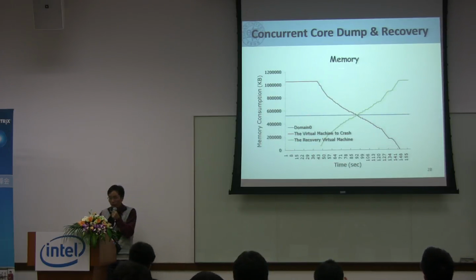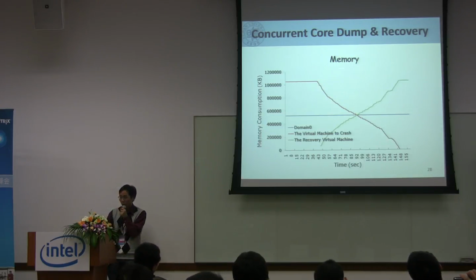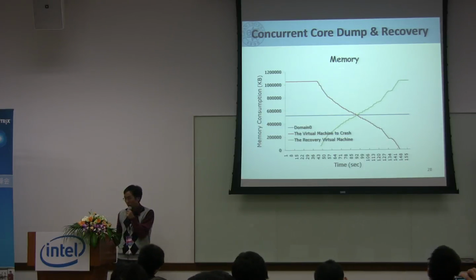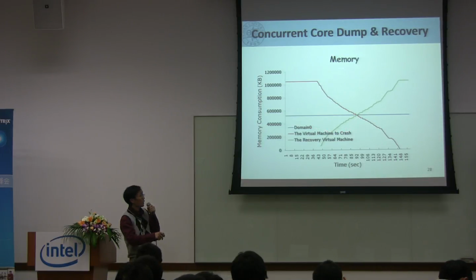Also, we monitor the resource consumption during the crash dump of the machine. The y-axis is the memory consumption of each domain, and the x-axis is the time. This line is domain 0. You see domain 0's memory is constant during the crash dump. The red line is the crashed virtual machine, and this line is the recovery virtual machine.